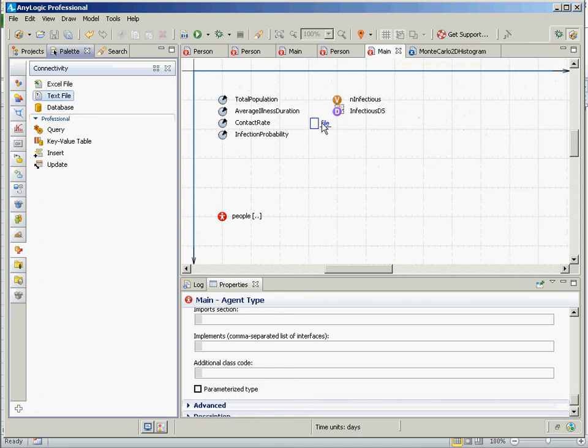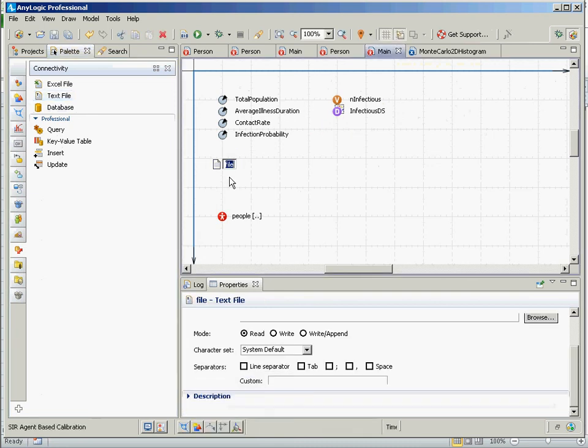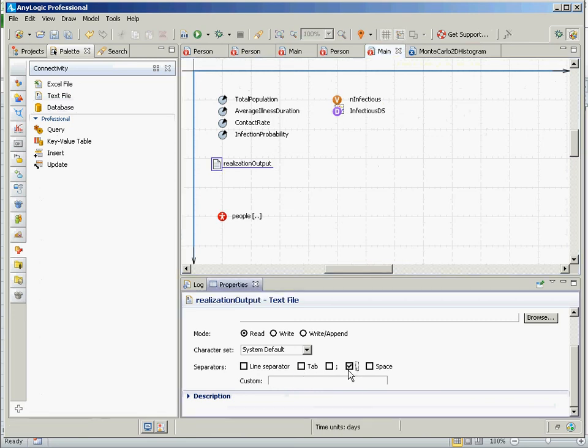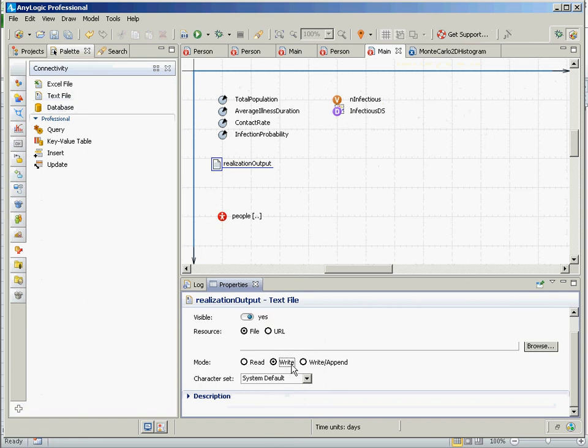And we could tell it, okay, use the comma separator, and this would be a write, telling it to write to it. Oh yes, write, thank you. And we could put it on the appropriate place, so realizations, UCLA realizations or something like that.